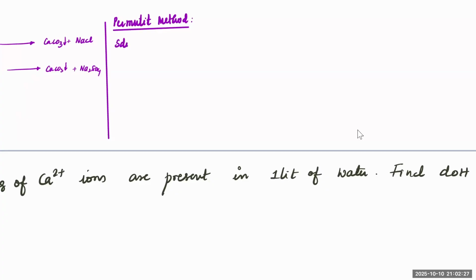Sodium zeolites are being added. Okay. What are sodium zeolites? Na2Al2Si2O8·xH2O. This is the formula for a zeolite. Okay. For our understanding, we can write this as Na2Z.